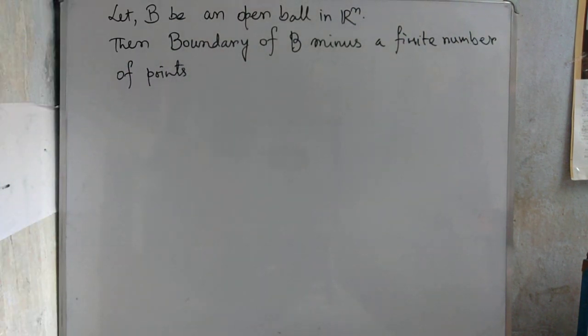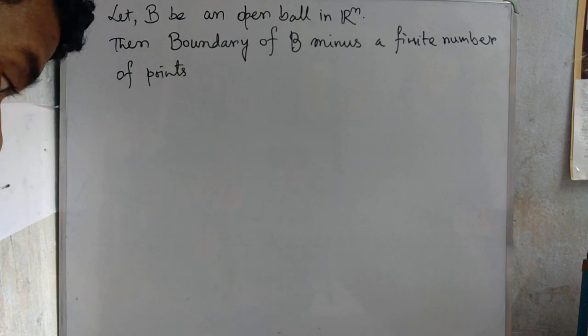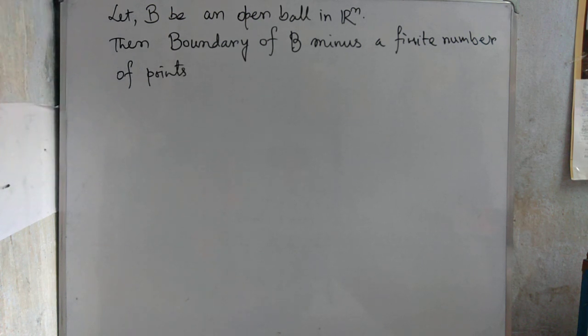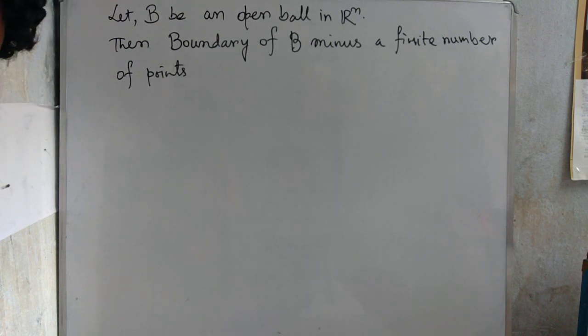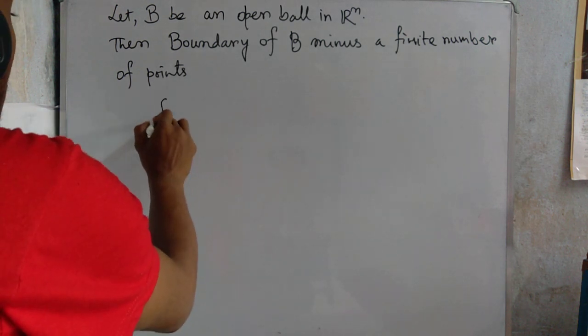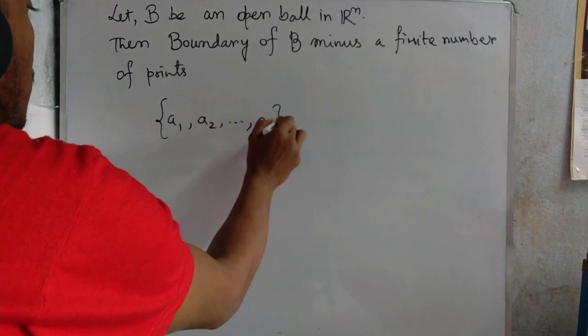Then the boundary of this equals how much? Let B be an open ball in R^n, then the boundary of B minus a finite number of points equals how much? We first talk about {a1, a2, ..., an}. This one is finite.